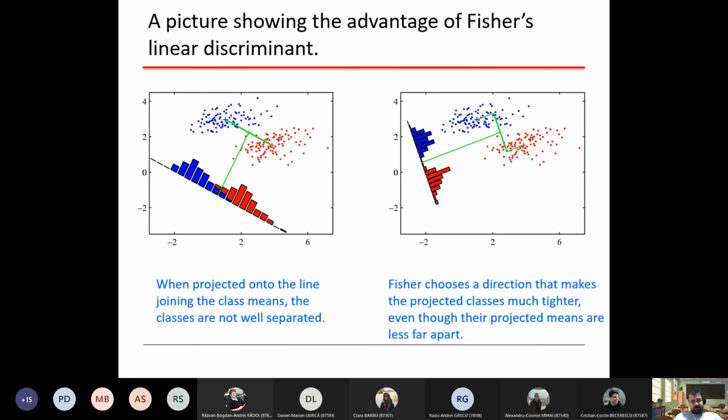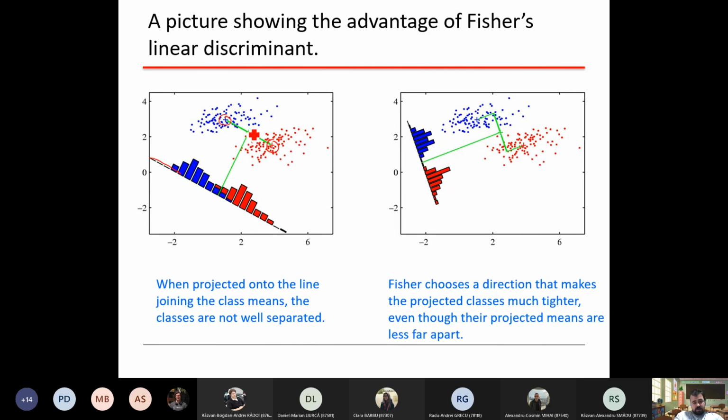In the left figure, we have the dataset. We have some blue points and some red points. We compute the mean for both classes, so we have this and this. We join the means with a line, and the dataset is projected on a line parallel to the line joining the means.